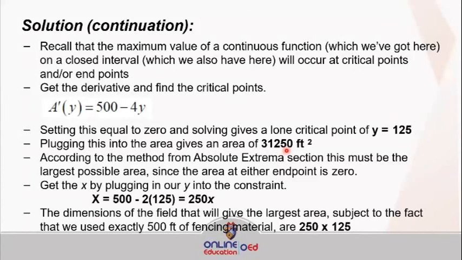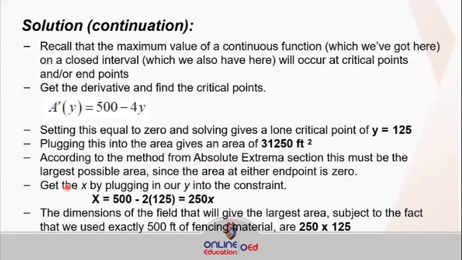We replaced the value of y to get 31,250 cubic feet. According to the method of absolute extrema section, this must be the largest possible area since the area at either endpoint is 0.